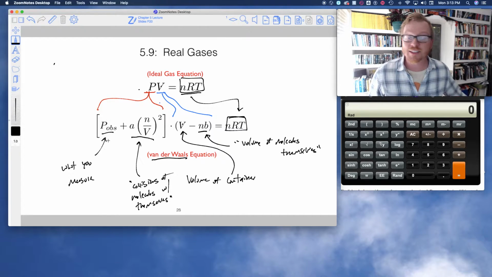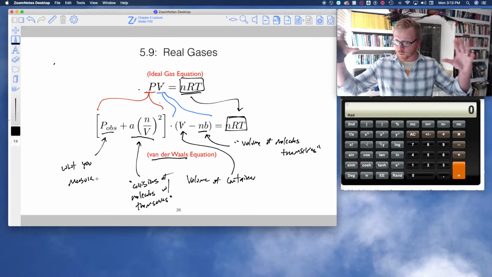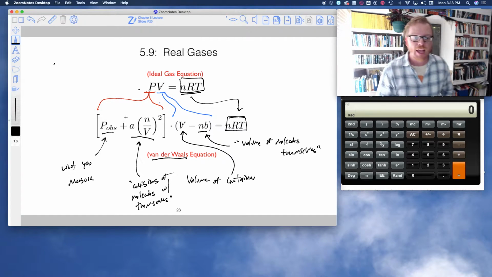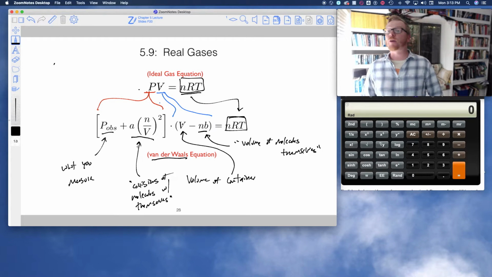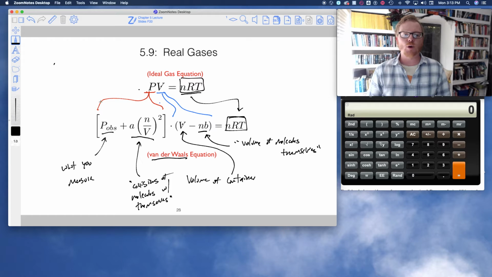So in other words, this P observed is really the collisions with the wall, with the container, and this chunk right here is the collisions with the molecules themselves. So really these equations are quite similar. They just have these correction terms, okay?